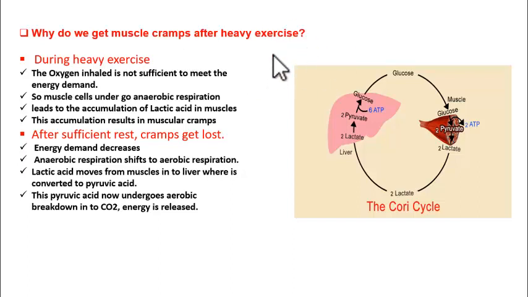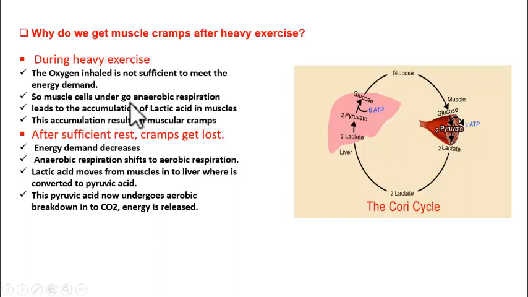Students, during heavy exercise, our muscle cells work hard, and to work hard they require more energy. So for that they burn more and more glucose. To burn more glucose they require oxygen. So we inhale more and more oxygen, but that oxygen is not sufficient to meet the high energy demand in the muscles.